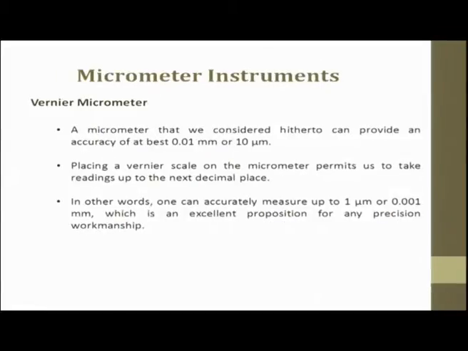The micrometer that we use can provide accuracy to the best of 0.01 millimeter, or 10 microns. Placing a vernier scale on the micrometer lets us take a reading to the next decimal place. So, you can accurately measure up to 1 micron using this vernier micrometer.